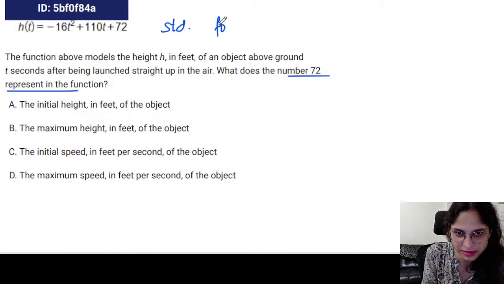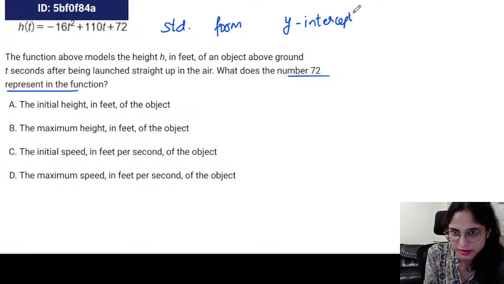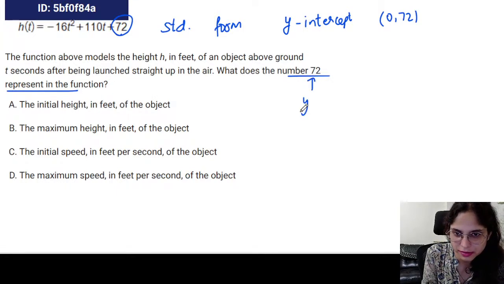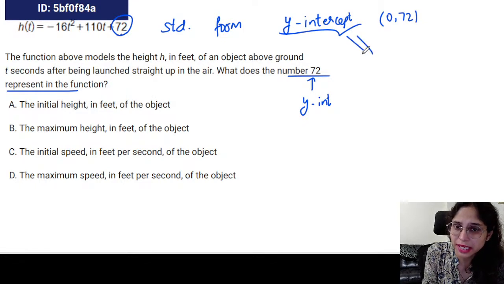STD means standard, not anything else. Your y-intercept is 0, 72. So 72 represents the y-intercept. And what is the meaning of the y-intercept? The y-intercept in any kind of function gives you the beginning or the initial value.